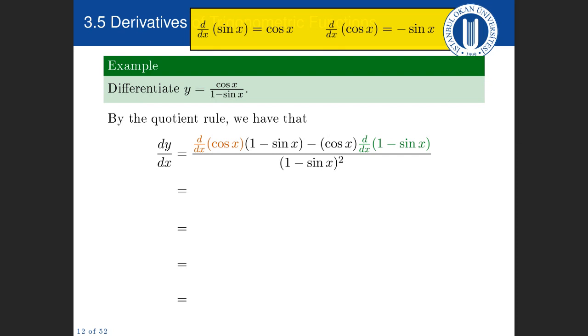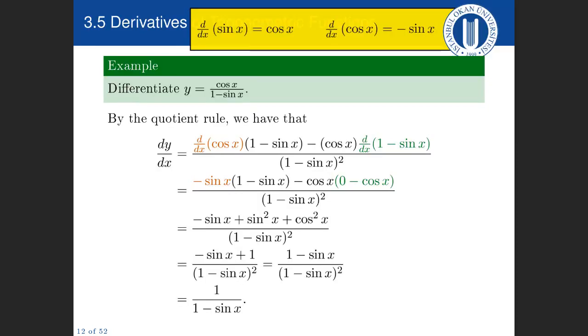Derivative of cos is minus sine. The derivative of 1 minus sine x is 0 minus cos x. Now we've done the hard work, now we've done the differentiation. All that's left is to simplify this to get to a nice, easy final answer.